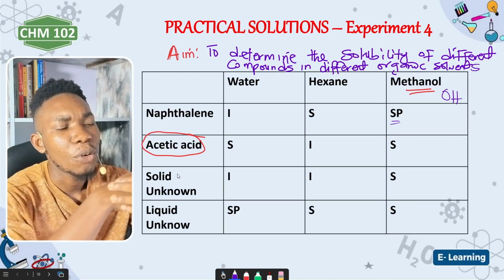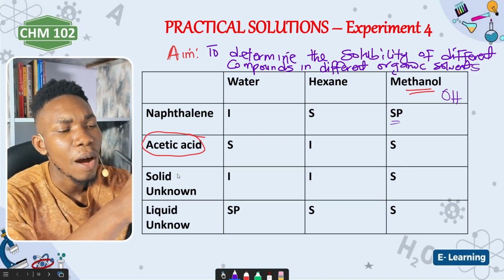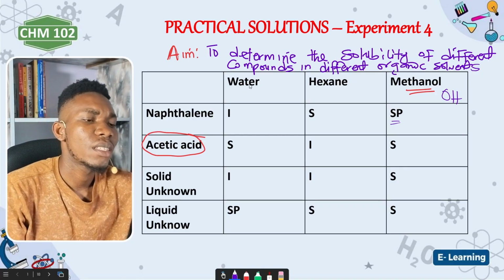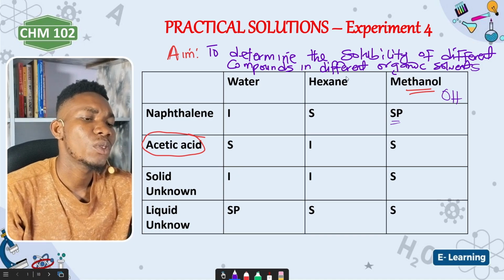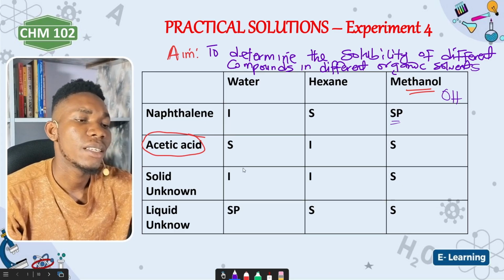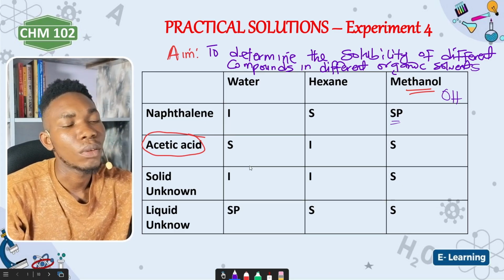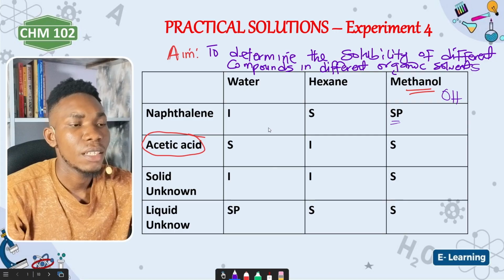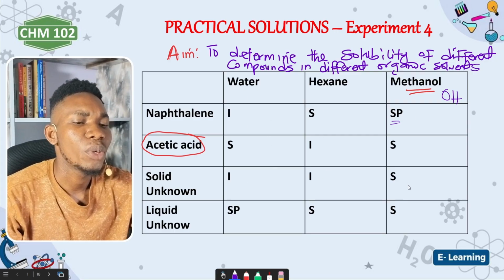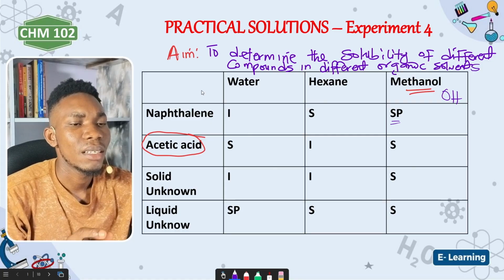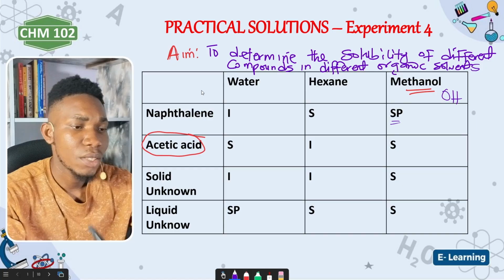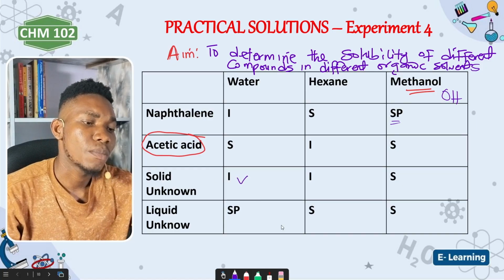For this particular result, however, there is a little bit of discrepancy, because if something is insoluble in water, it is supposed to be at least soluble in hexane, so that we can infer whether that thing is a polar or a non-polar solvent. However, we cannot really infer based on this result. I'm just speaking based on this particular result.